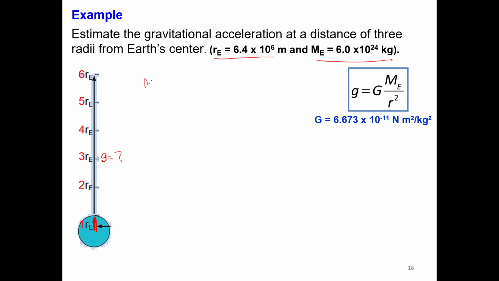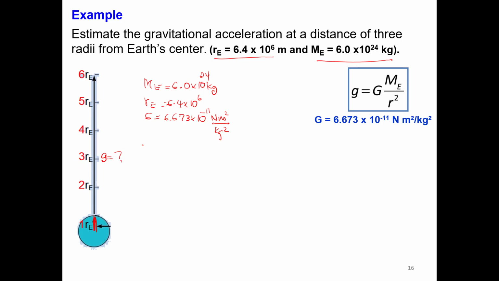This is the mass, 6.0 10 to the power 24 kilograms, the radius is 6.4 10 to the power 6, and the G value is 6.6 10 to the power minus 11. Then we want to know what the distance is if it's 3 times the radius of the Earth.